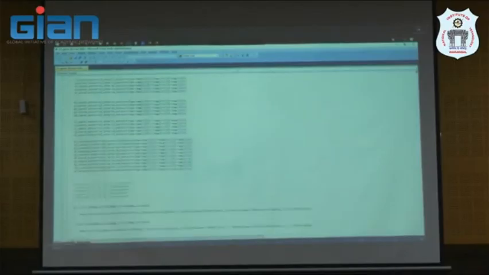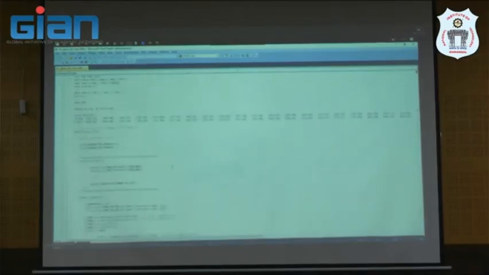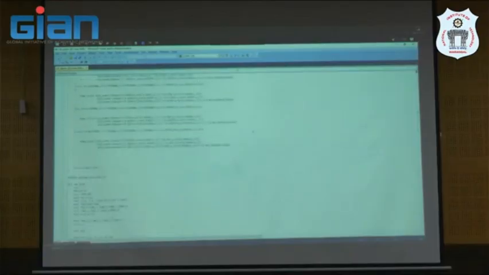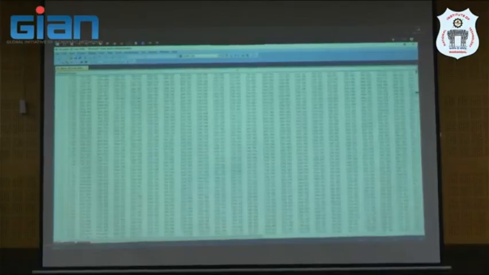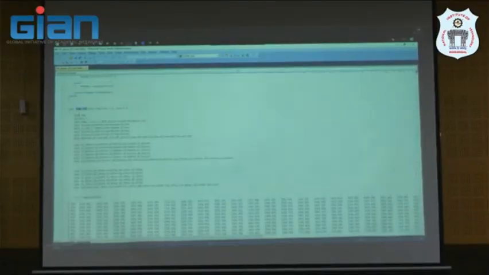Yes, interpolation, and get the temperature according to the coordinate and the time. This is the temperature field for every time step. Is that right? Yes, every time step.